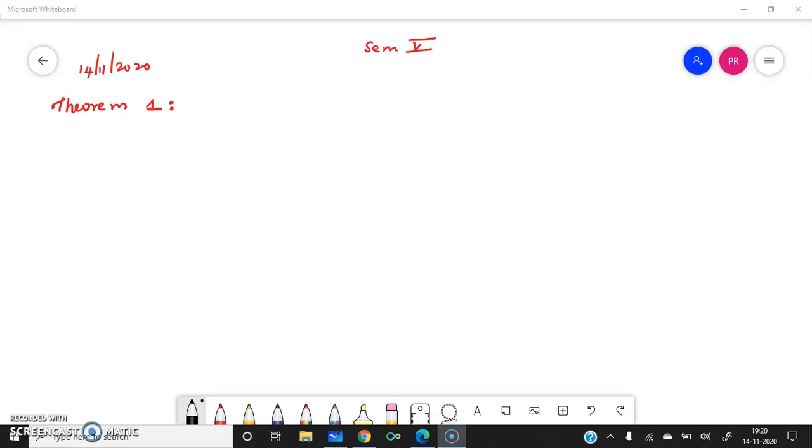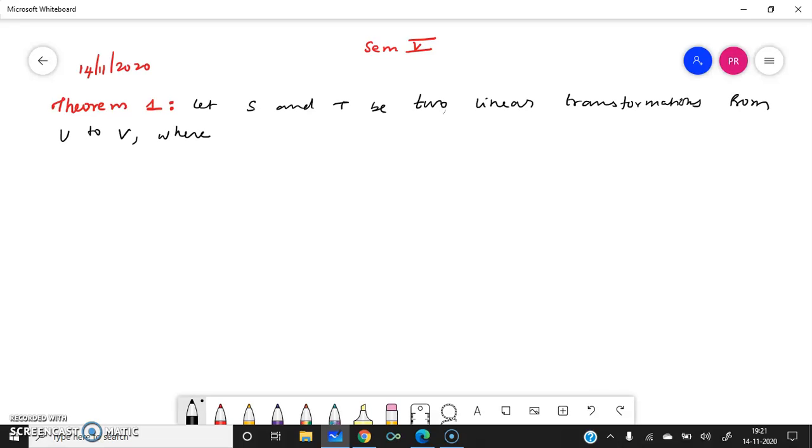What is theorem 1? Let S and T be two linear transformations from U to V, where dimension of U equal to n.